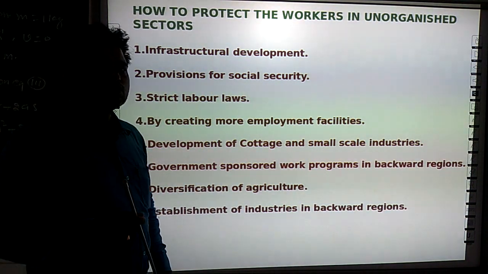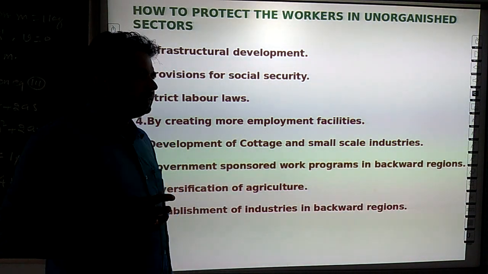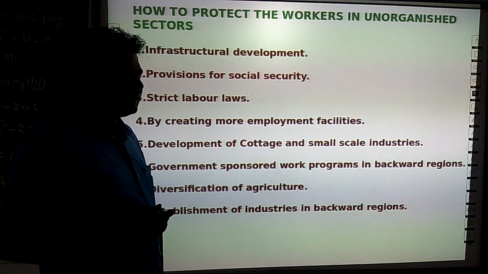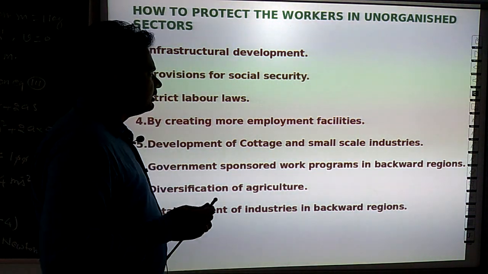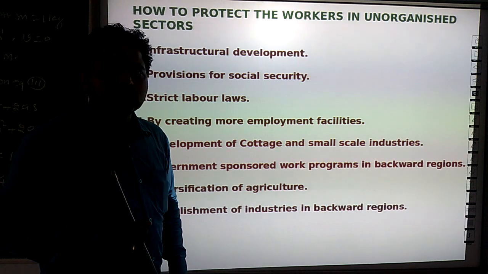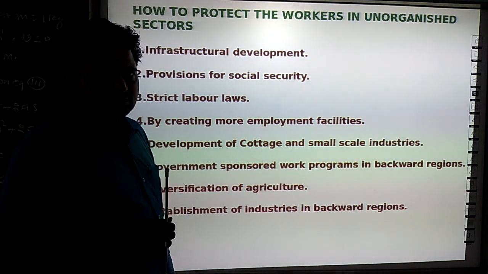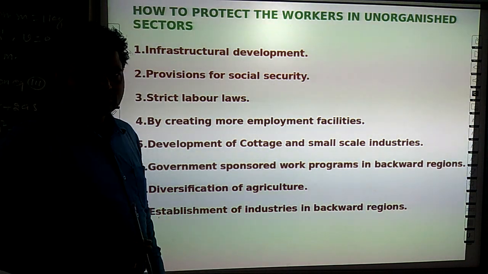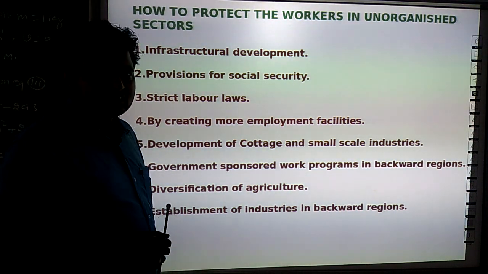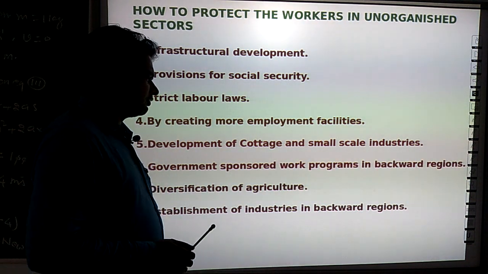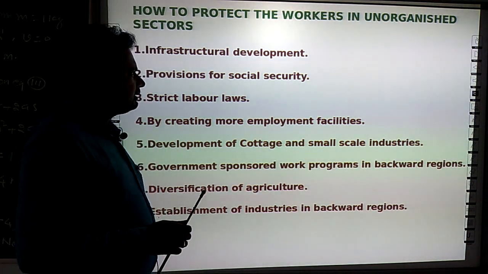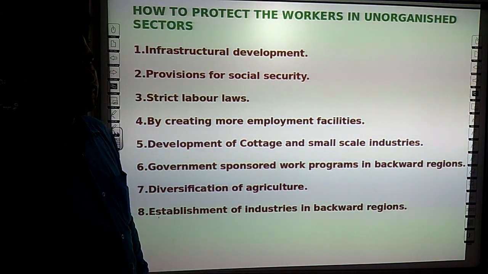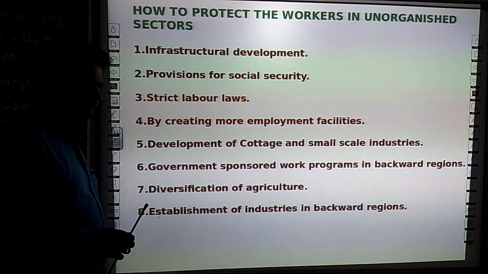Second, provision for social security. Certainly, it's the responsibility of the government to provide health and education facilities to the people involved in the unorganized sector, as they cannot earn sufficiently to meet their food, shelter and clothing needs. So the government has to contribute in providing them health and education facilities.